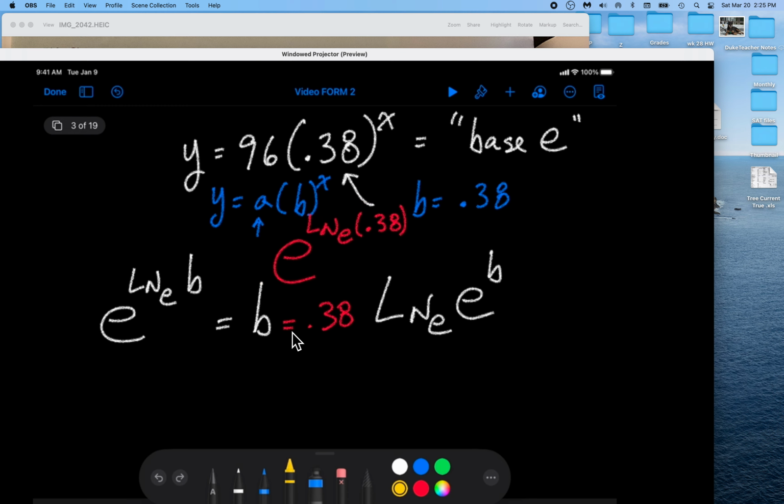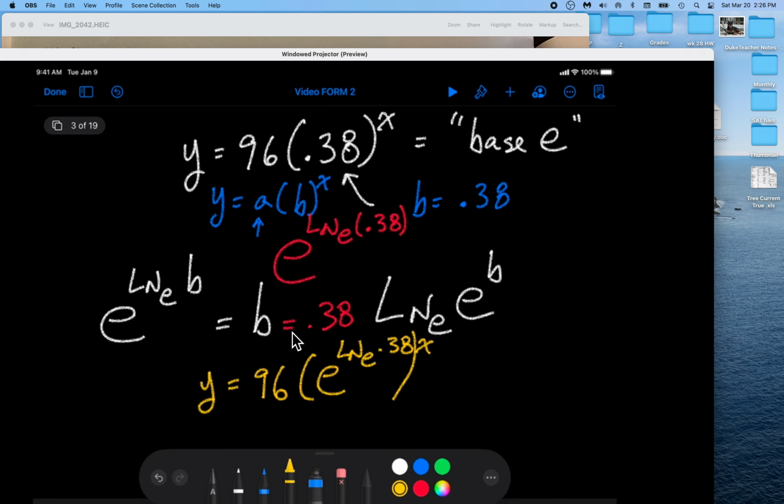So our final answer is going to be, sorry, this is really messy. Like I told you, the 96 we didn't even discuss. e to the ln of 0.38 times x.